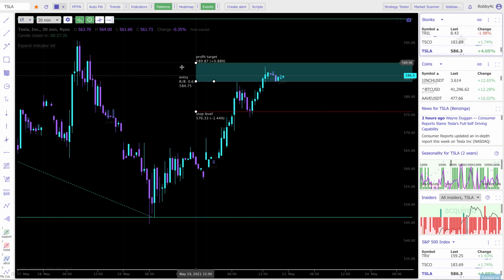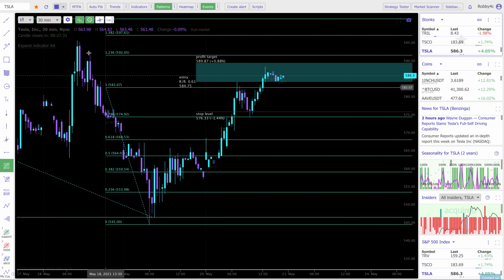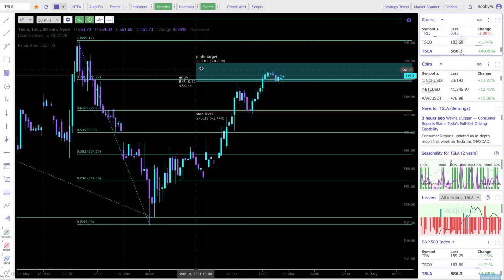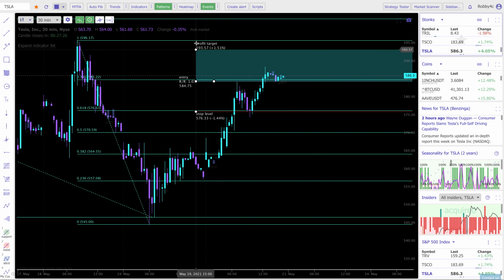And my profit target is, well, let's draw some fibs. This is a trade that I'm currently in. So that's going to be my profit target, the 595 area. It's actually 596 is what I'm looking for.